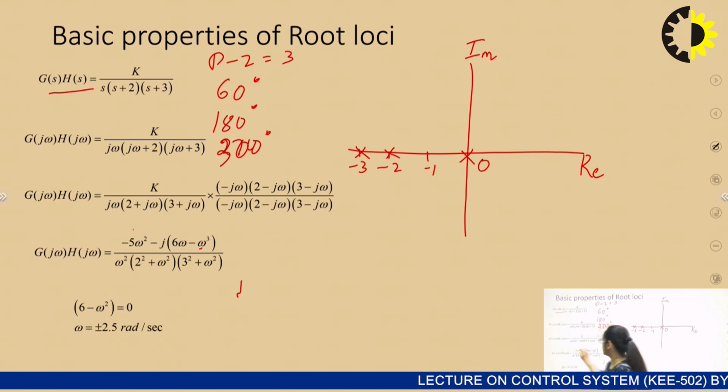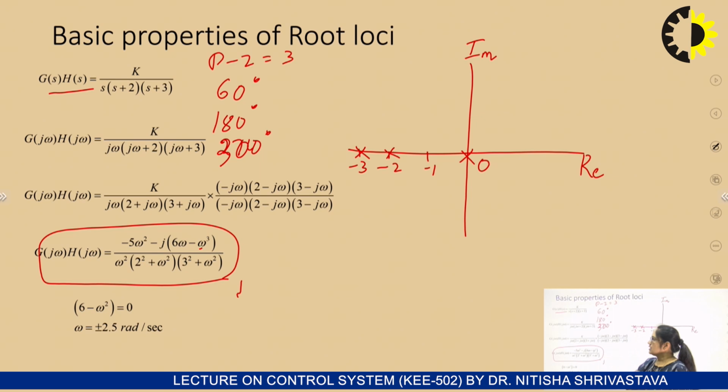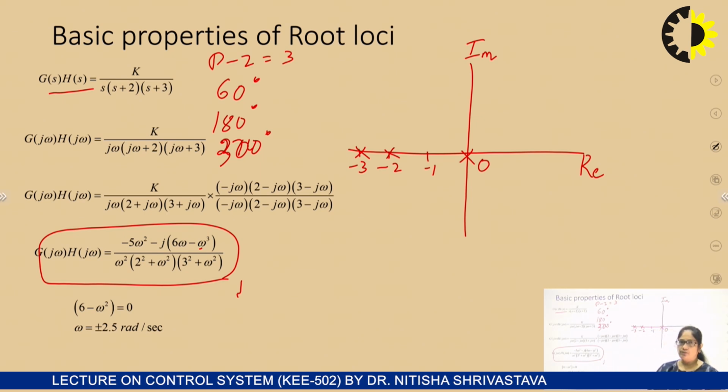So after substituting s equal to j omega, we get this expression G(j omega)H(j omega).